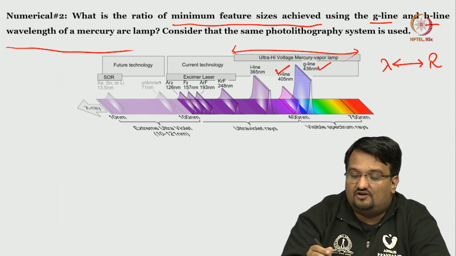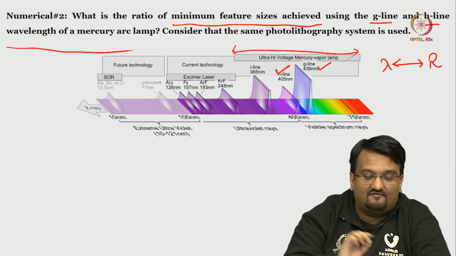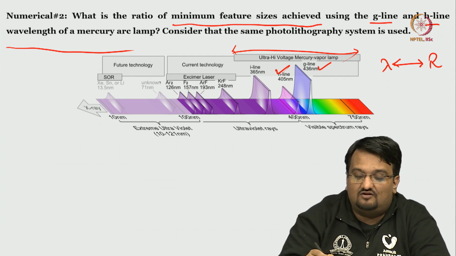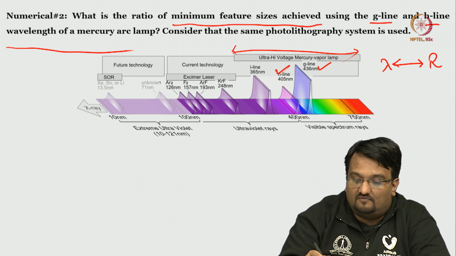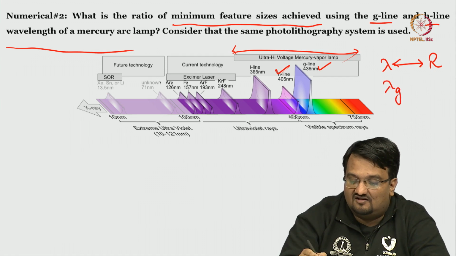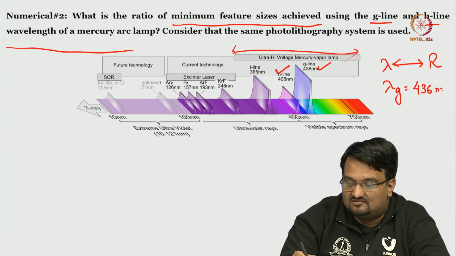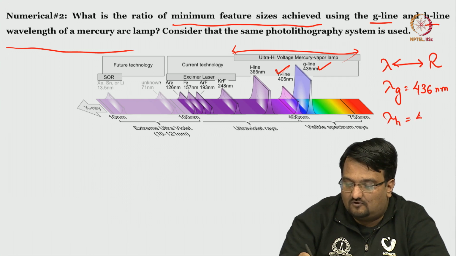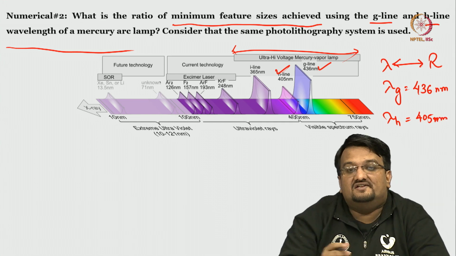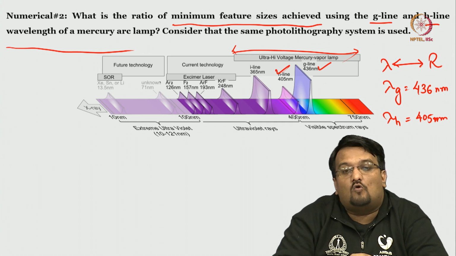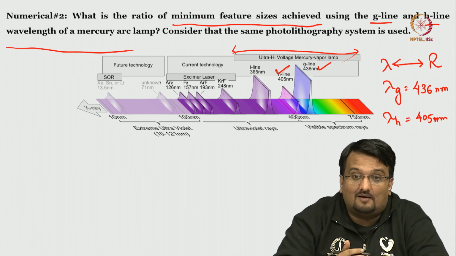Okay. So, what information you will get from this is you have been given two particular wavelengths. One of them is lambda G, which is nothing but 436 nanometer, the other one is lambda H, which is nothing but 405 nanometer. Now, why have I taken these two values? Studies have already been done on at what wavelength this emission spectra peaks.